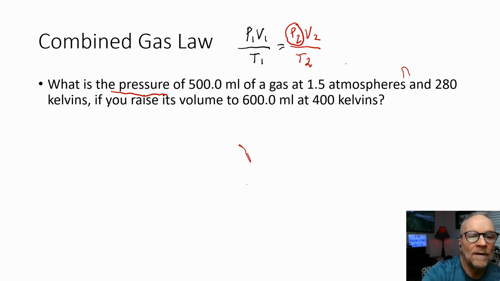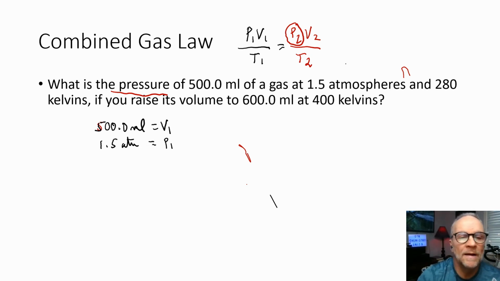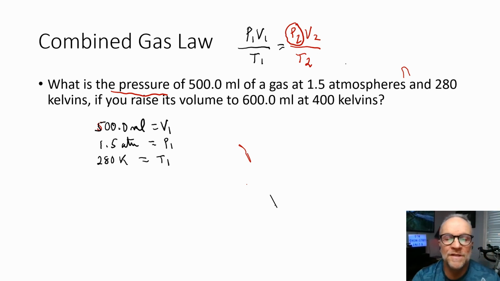So here we have 500 milliliters. Let's do that in black, because that will be our first volume. 1.5 atmospheres, that's our first pressure. And 280 kelvins. They gave it to us in kelvins, that's nice. That will be our first temperature, because we always have to have kelvins.